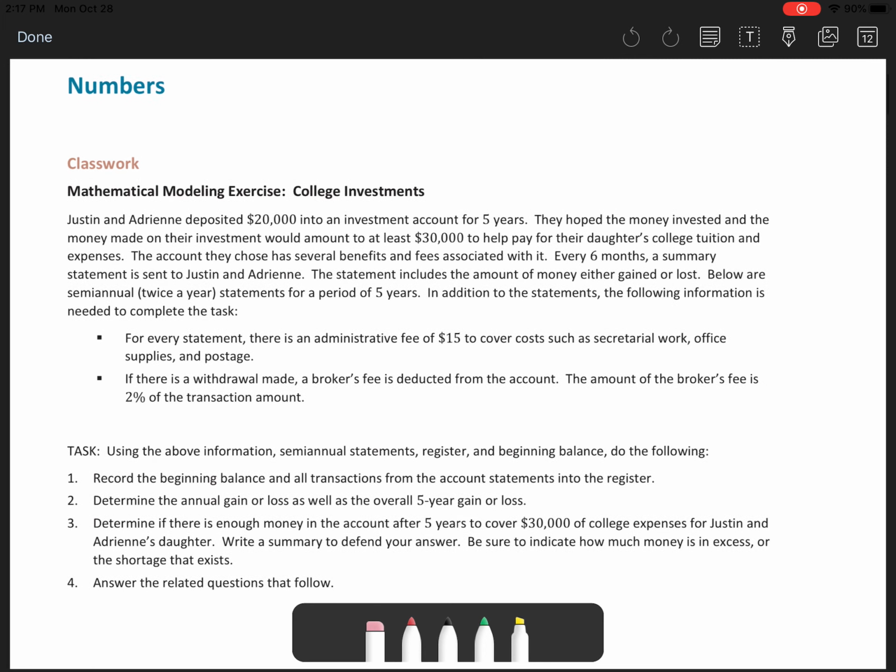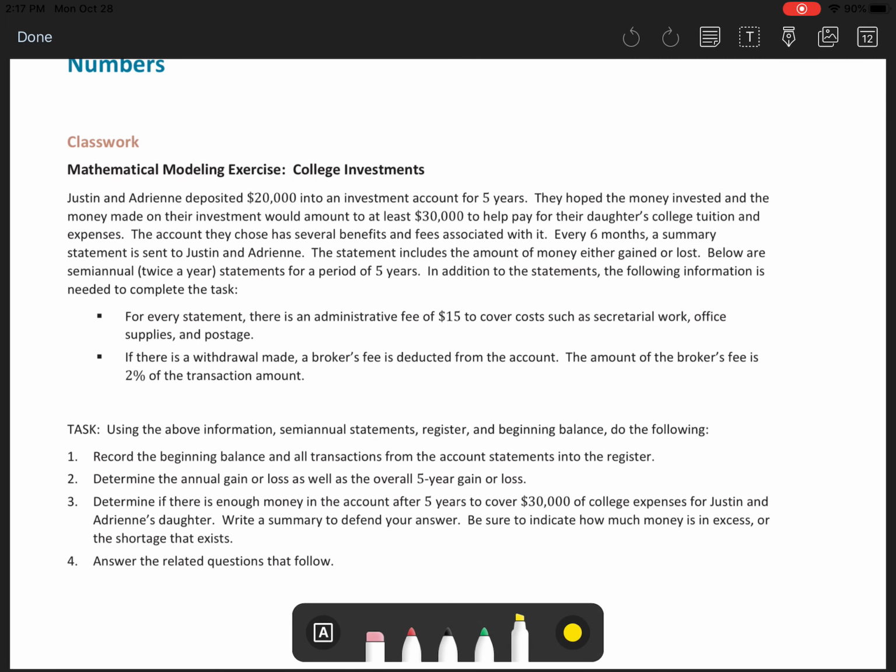First, let's read our problem here. Justin and Ennerlin deposit $20,000 into an investment account for 5 years. They hope the money invested and the money made on their investment would amount to at least $30,000 to help pay for their daughter's college tuition and expenses. The account they choose has several benefits and fees associated with it.